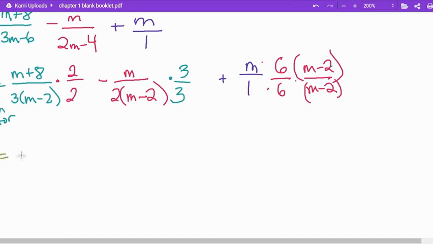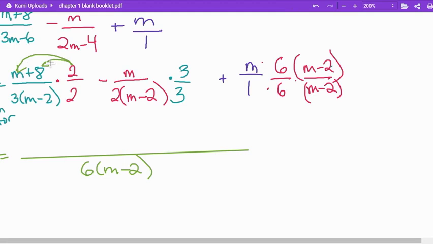Okay. So we've got 6(m minus 2). And so this is where, again, we might make a mistake in forgetting that this 2 is distributed in both of these, right? So you can skip this next step, especially as these questions get more complex. You can skip that, right? I'll show it. Minus 3m. I want color.